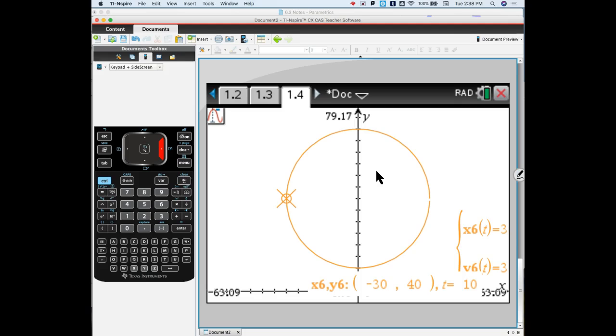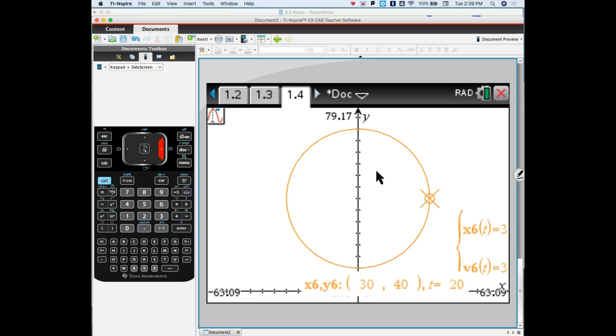I'm going to go back to 0. So here I am at 0. Okay? All right? Let's ride the Ferris wheel. 20 seconds, I'm back at the start, right?